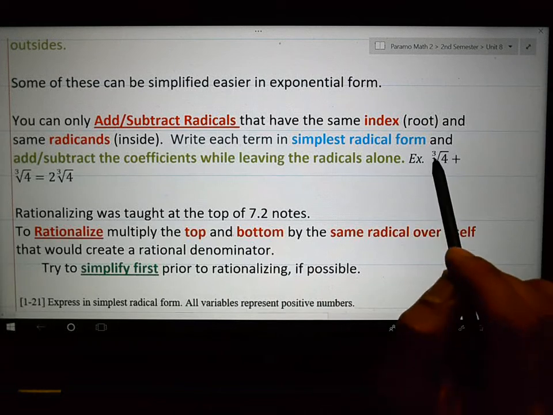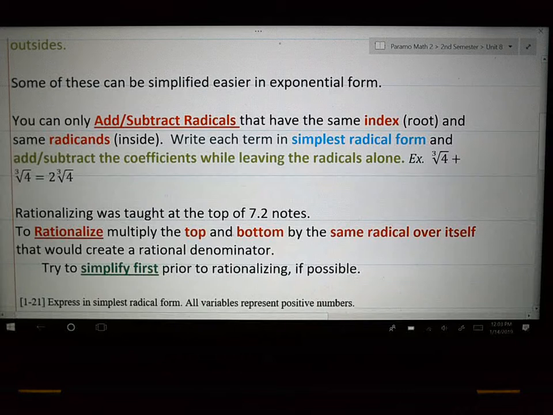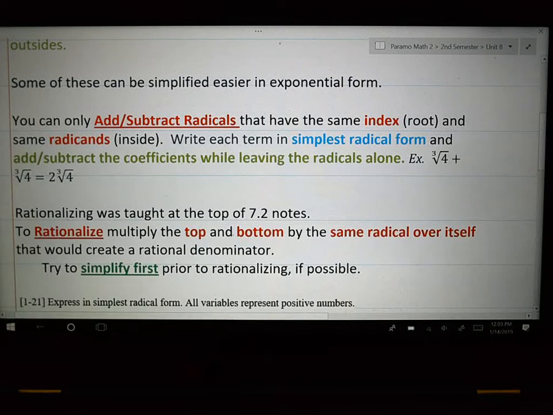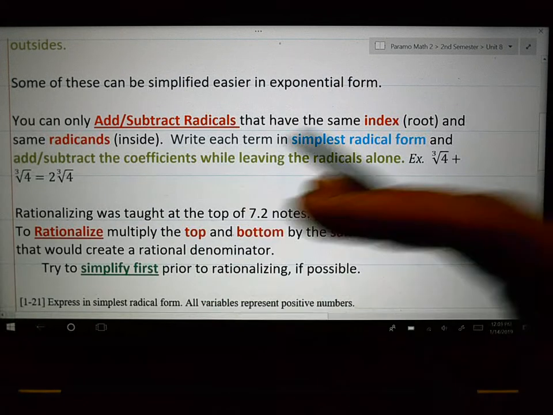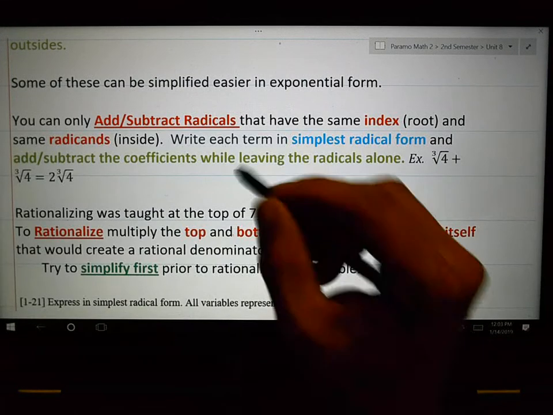Meaning, I can only add square roots of 4 with other square roots of 4. I can only add third roots of 4 with other third roots of 4. Do not add a square root of 2 plus a square root of 7. It does not work. I'll tell you why.